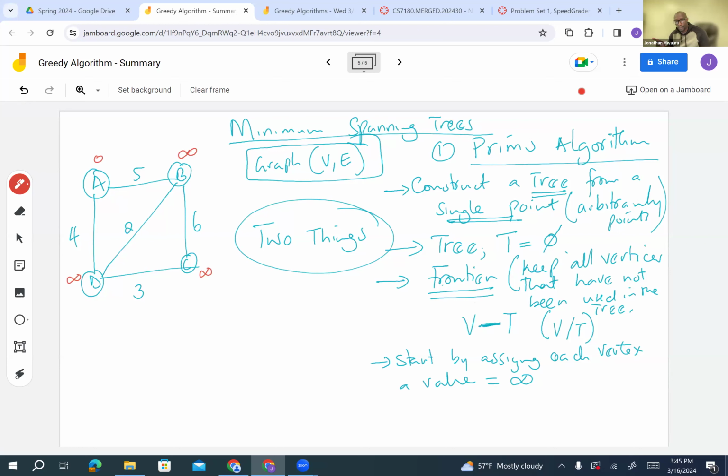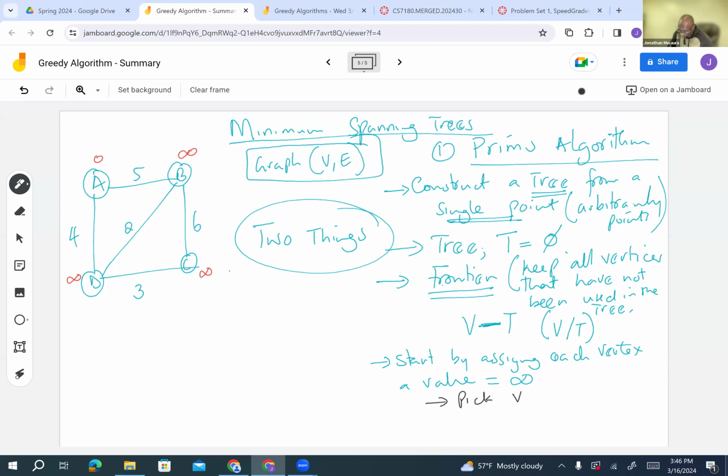Now, this should start telling you what our frontier is actually going to have. We're starting off from A, and everything else has been put at infinity. All those things we're going to put into the frontier. Then to create our tree, we are going to pick a vertex in our frontier.